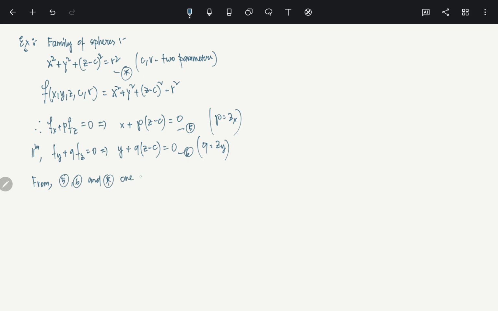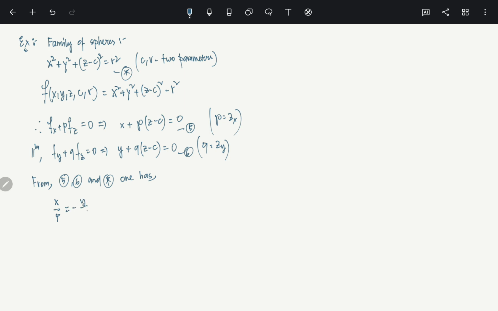What do you have? From relation 5 you get z minus c is minus x by p, and from 6 we get z minus c is minus y by q. So from 5 and 6, minus x by p equals minus y by q.